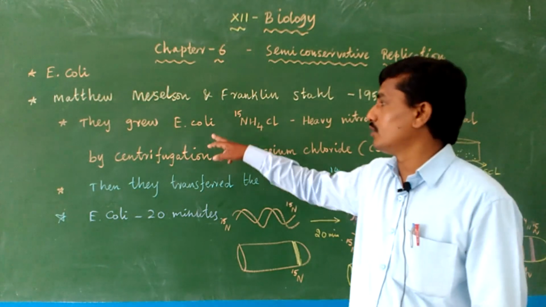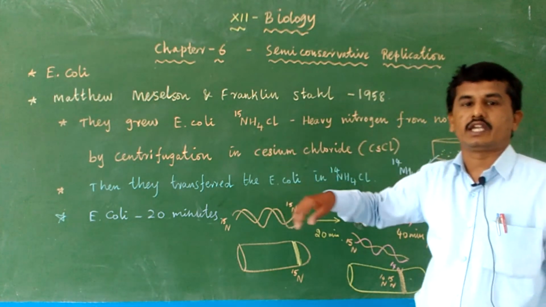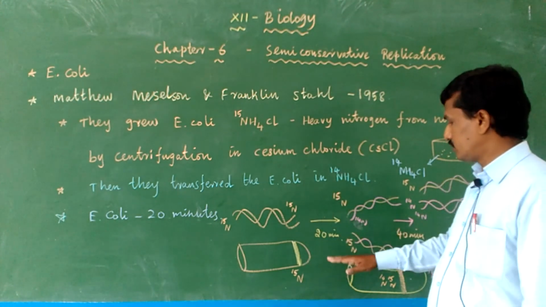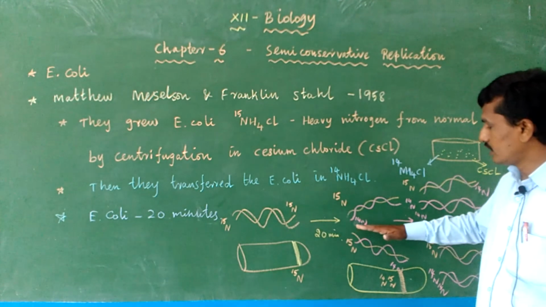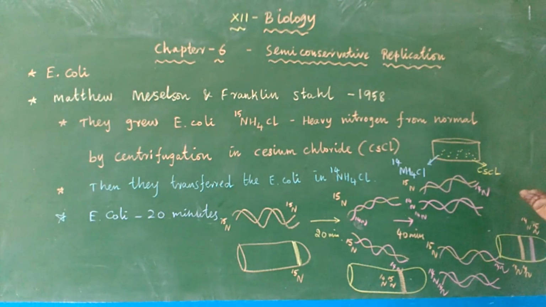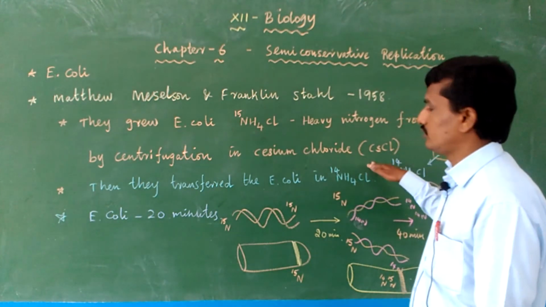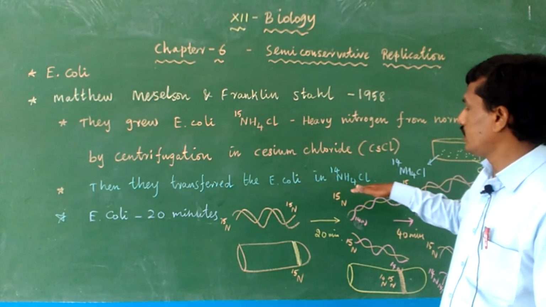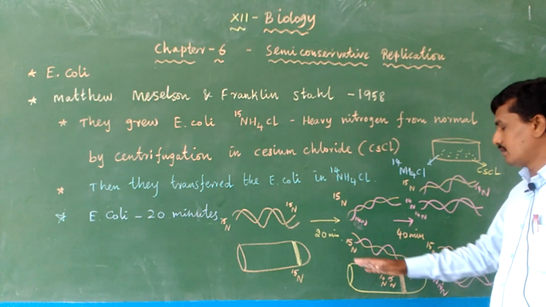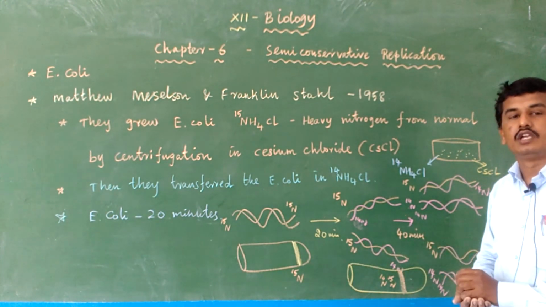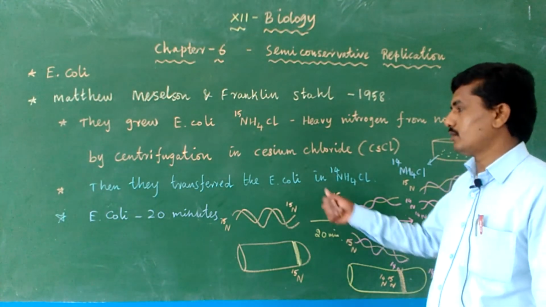First we add ammonium chloride 15 as a nutritive substance for making DNA. In the experiment, the first step uses ammonium chloride 15, then the second also 14, the third also 14. They transferred the E. coli into ammonium chloride 14, and the same again. E. coli, we know, multiplies by binary fission once every 20 minutes. Okay, that is the ammonium chloride part.